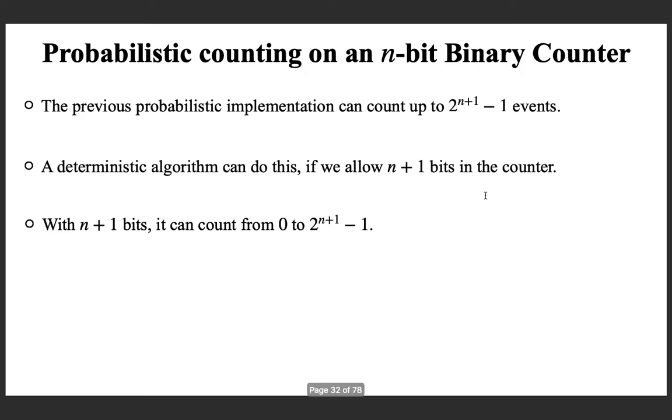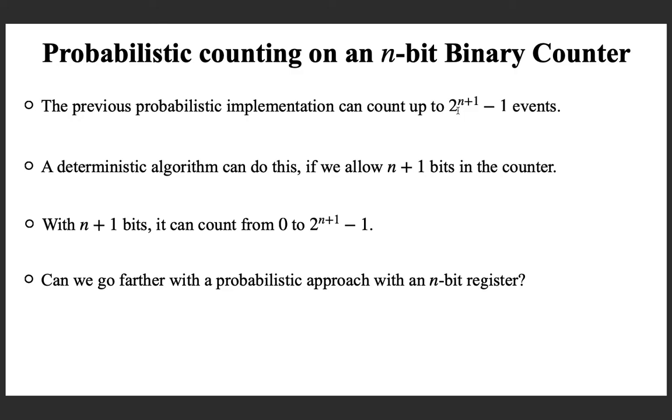If you allow one more bit, n plus 1 bits, you can count these many values, which is one more than what you can do with a probabilistic n bit counter. So an n plus 1 bit counter can provide that freedom. So compared to the precision that you are losing, you can go for an n plus 1 bit counter.